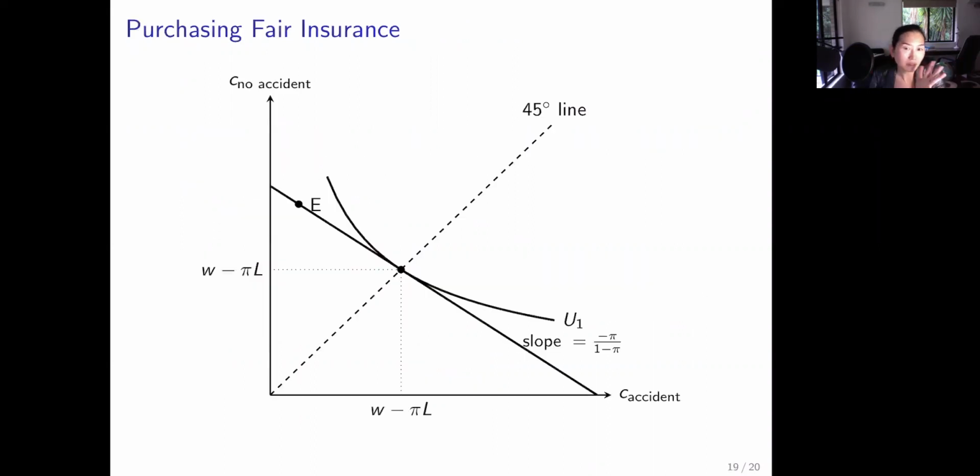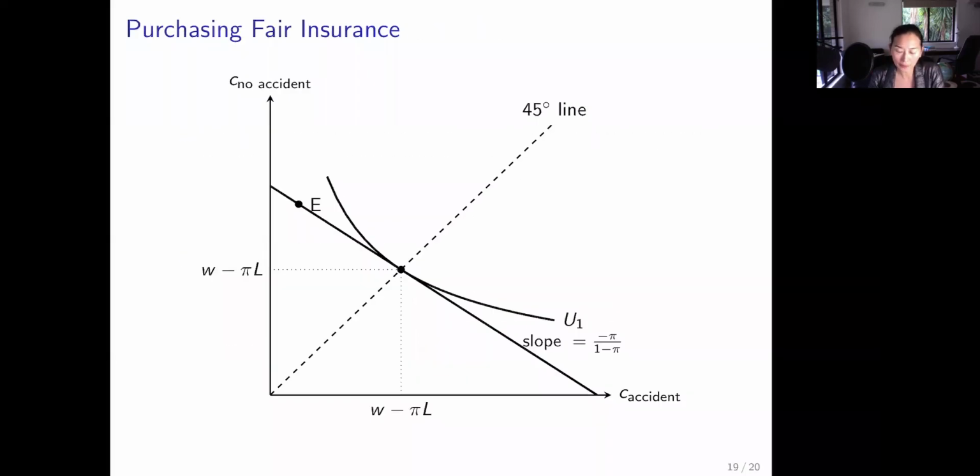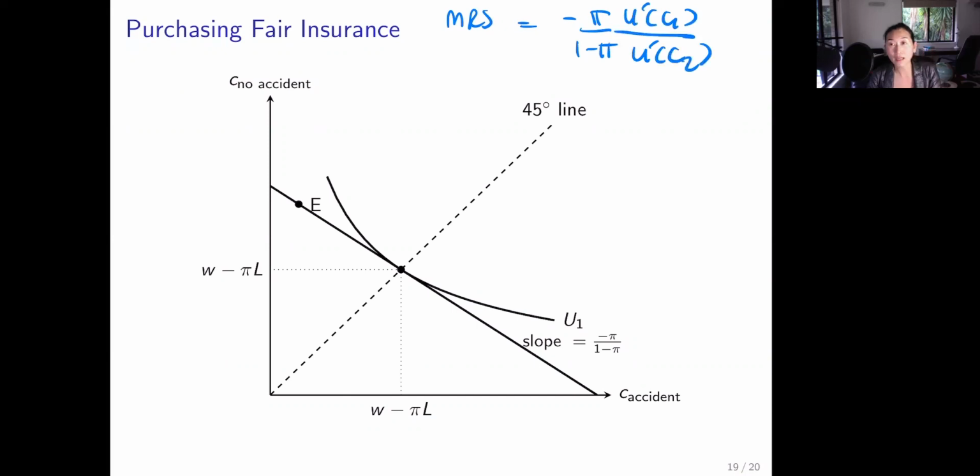That was your intuition, and you could try to explain it using this setup. When p is less than pi, your MRS is negative pi over 1 minus pi. Don't forget that you need to have this as well. This is the MRS, not just this. It's the whole thing.